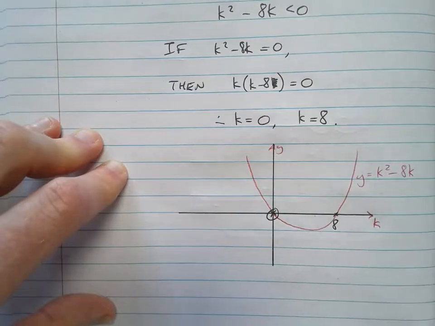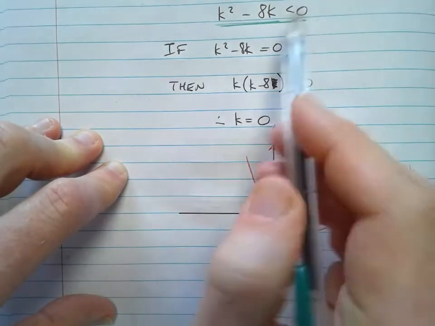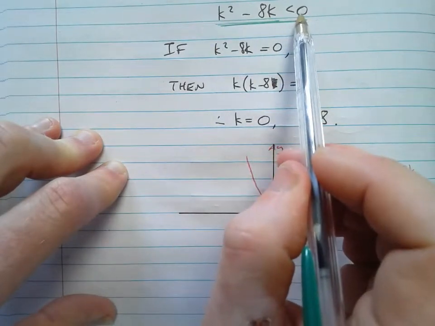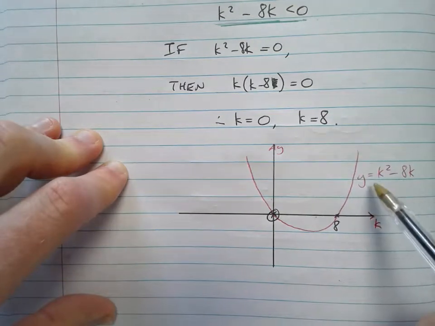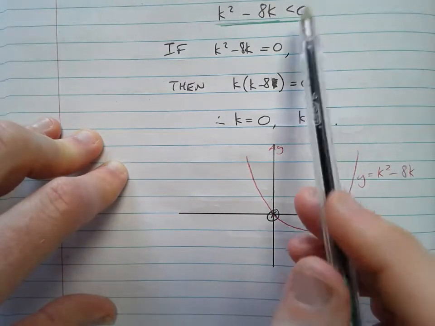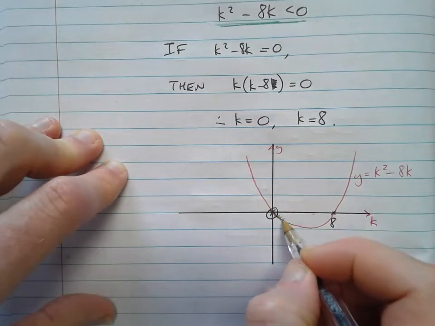Now, the inequality we're trying to solve was this. k squared minus 8k is less than 0. So the k squared minus 8k is equal to the y values. So we're basically looking for where the y values are less than 0. Well, the y values are less than 0 here.